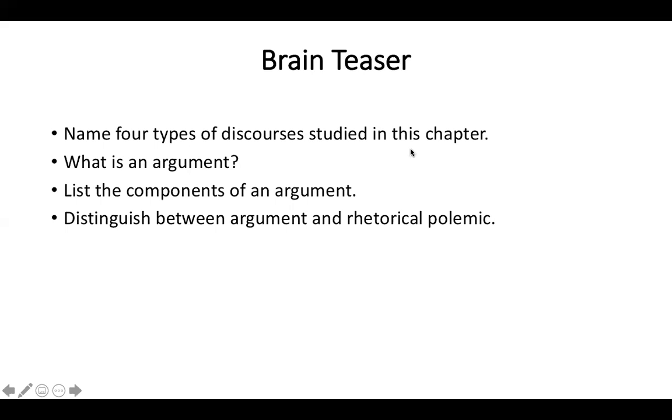How many components? An argument has how many components? That's where you got it wrong. An argument has 2 components. The other three things you listed are actually 1 component.